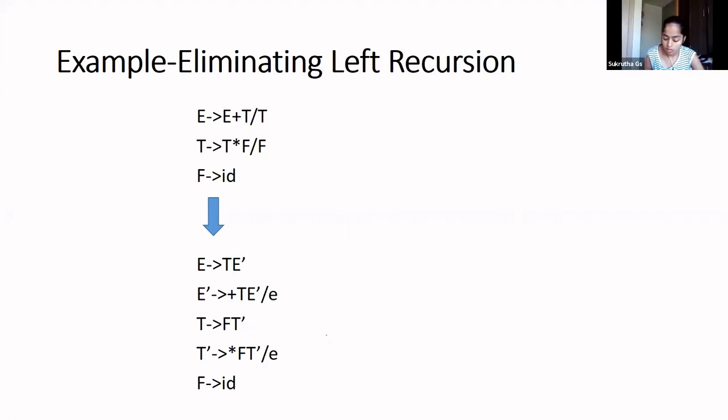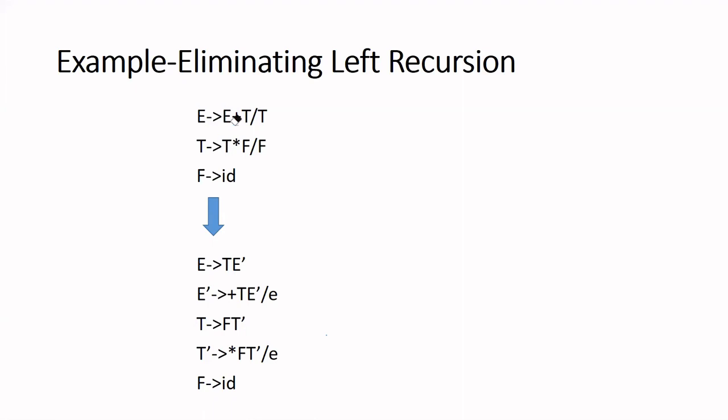Beta is T. A is E. Here E is A, plus T is together alpha, and T is beta.